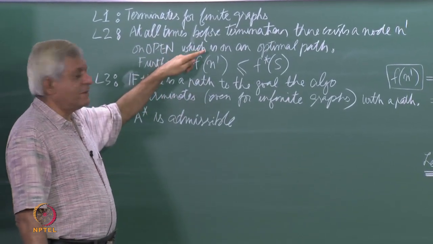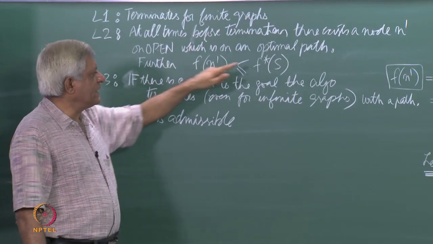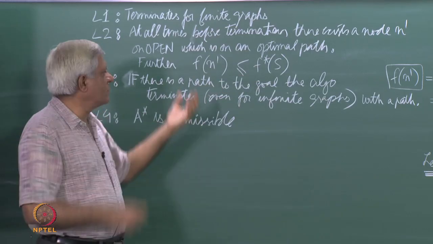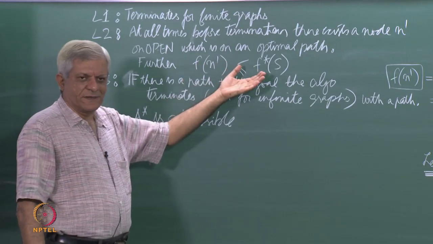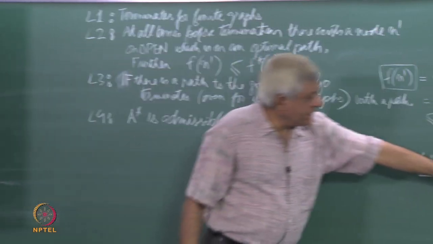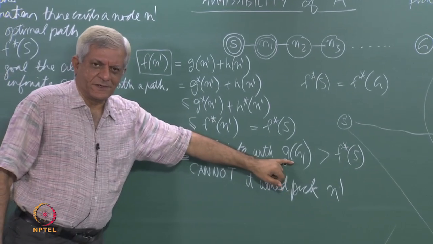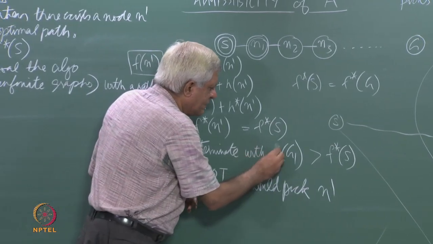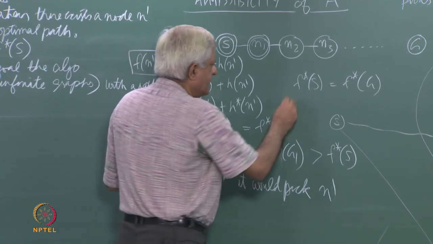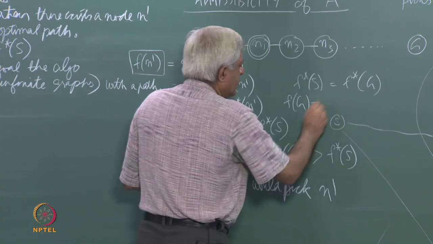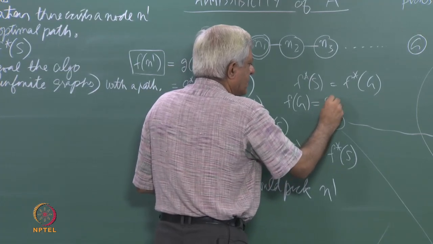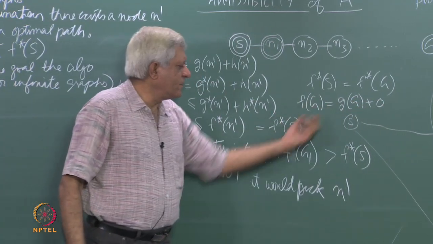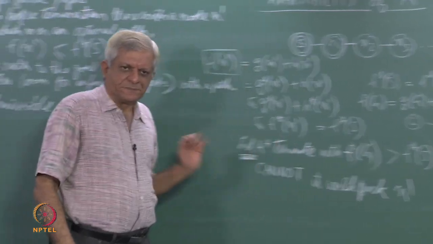So, if this n prime is on open and its value is less than or equal to f star of S, and if A star has to choose between these two nodes, one whose value is less than or equal to f star of S and one whose value is definitely greater than f star of S. Remember, I have written g of G, I could have written f of G, it is the same thing, because f of G is equal to g of G plus 0, because h is 0. So, you can write f of G or g of G, it does not matter.